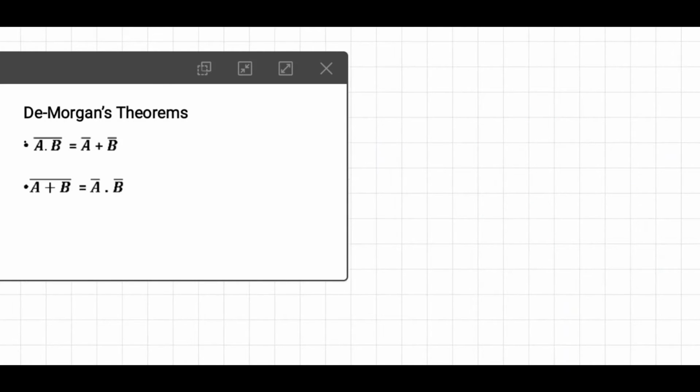Now let us try to understand the logic circuit associated with this. In the first theorem we see the complement of A dot B. If we want to draw this circuit, how can it be drawn? See, it is a complement, so we need a NOT gate, which will give us the complement of something. But what is the input to this NOT gate?